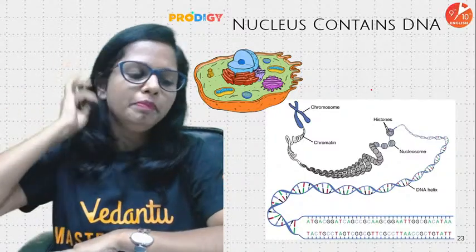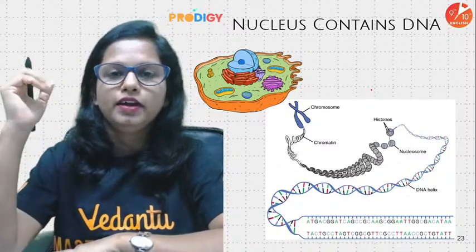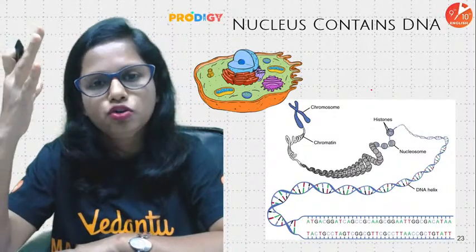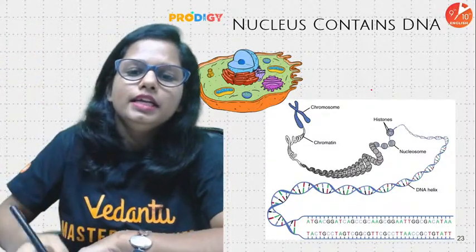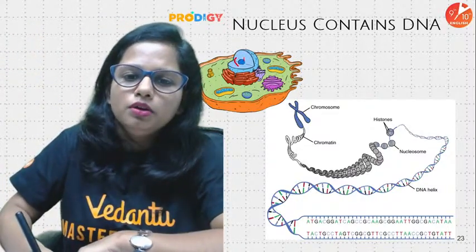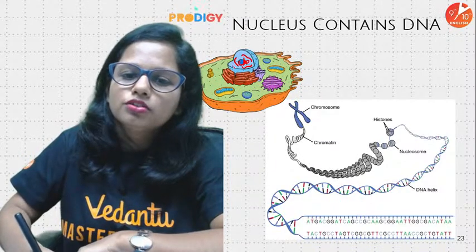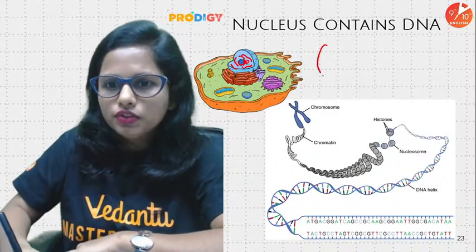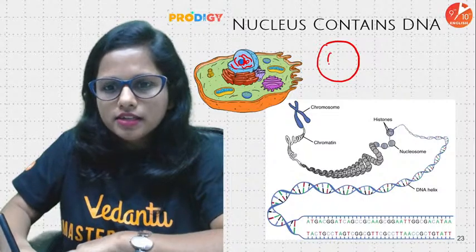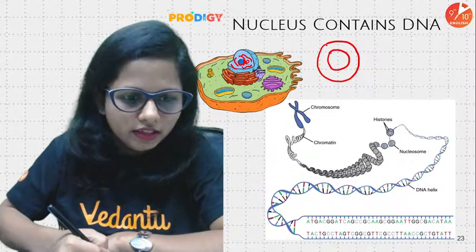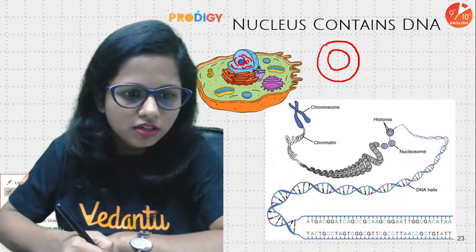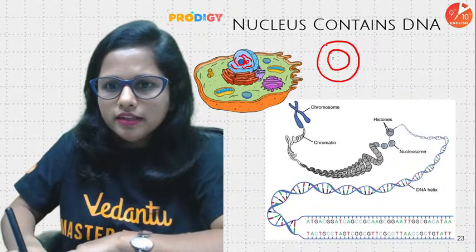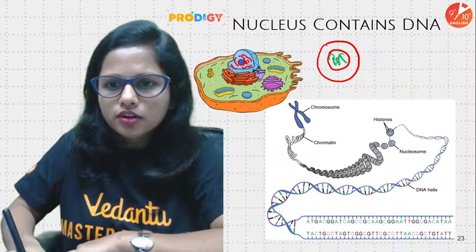So people, if I take this nucleus and observe it underneath an electron microscope, inside the nucleus, I will be able to see some thread-like structures. Suppose this is a cell, inside the cell there's a nucleus. Inside the nucleus, I will be able to see some darkly stained thread-like structures.